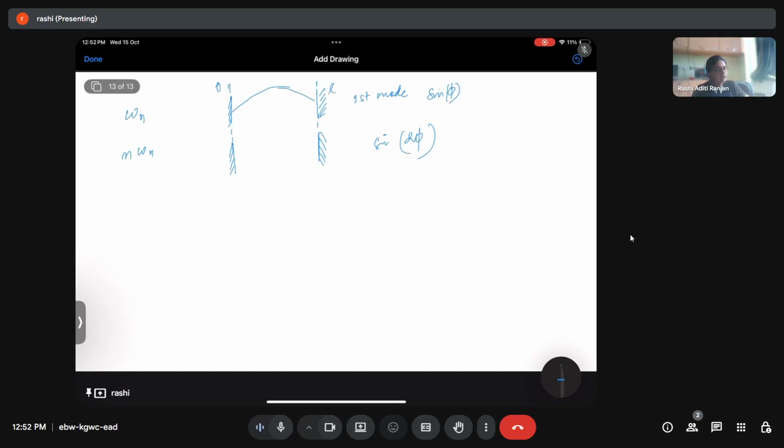Second mode is going to be what? Since this is sine 2 phi, it is going to show us a full sinusoid, something like this. So this is going to be the second mode.